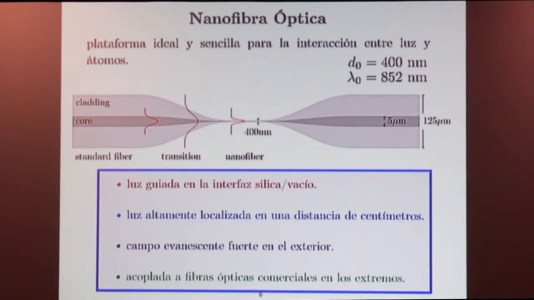So that's one of the great advantages of this system. And all these strong cooperative effects that Luis was talking about, they are all realized in a single pass. I don't need the mirrors or anything. Just by focalizing the light in this region, I can have the strong coupling in some sense.